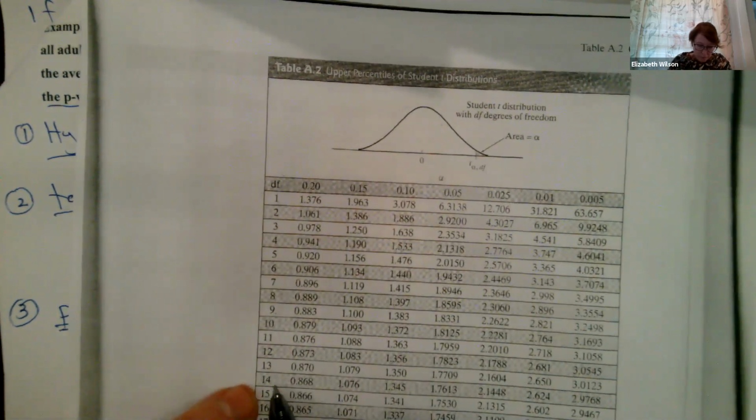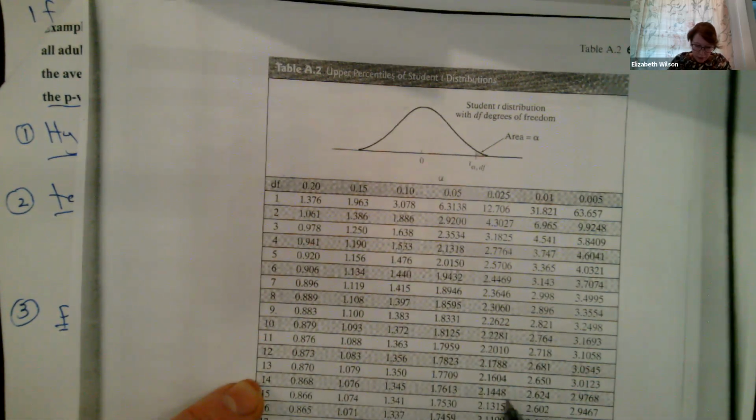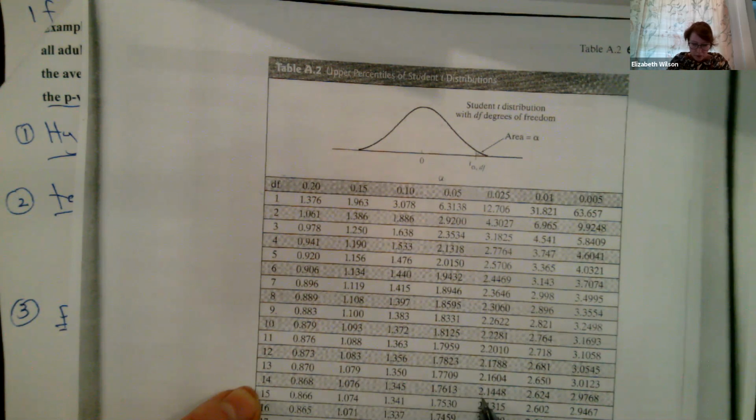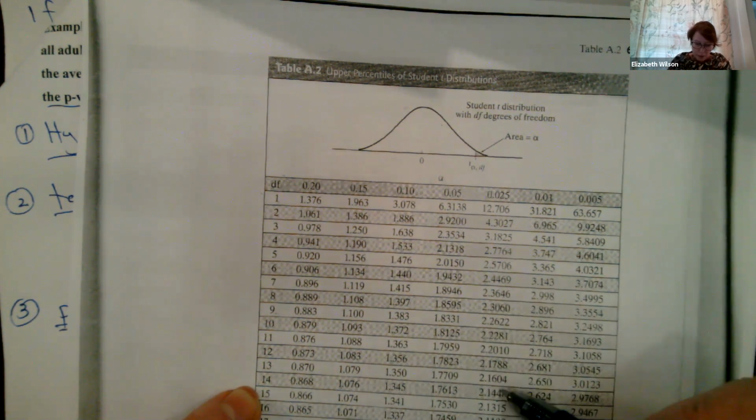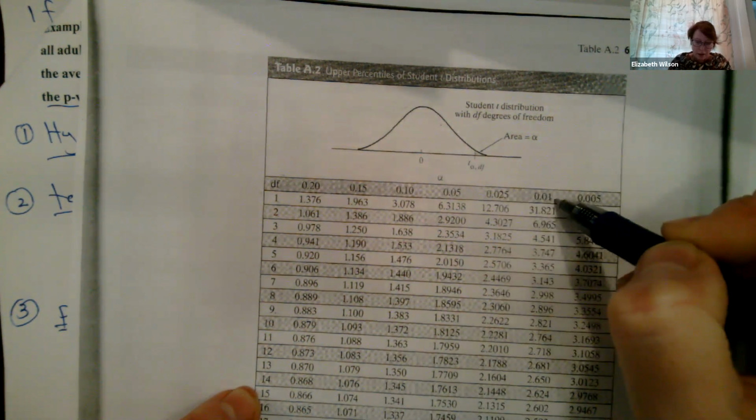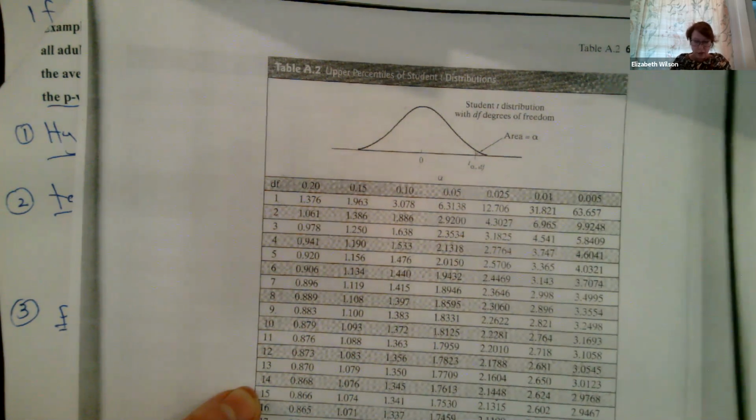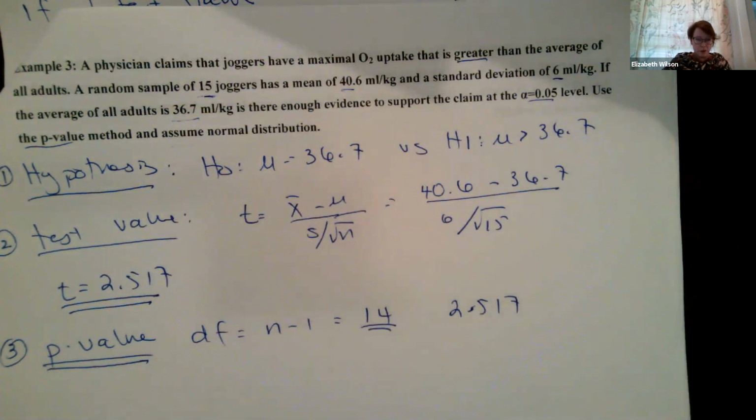So with 14 and 2.5, it falls between these two values. With degrees of freedom 14, I scooch across here, and I'm going 2.1448 to 2.624. That's going to correspond to alpha of 0.025 and alpha of 0.01. So let's write down those numbers here.